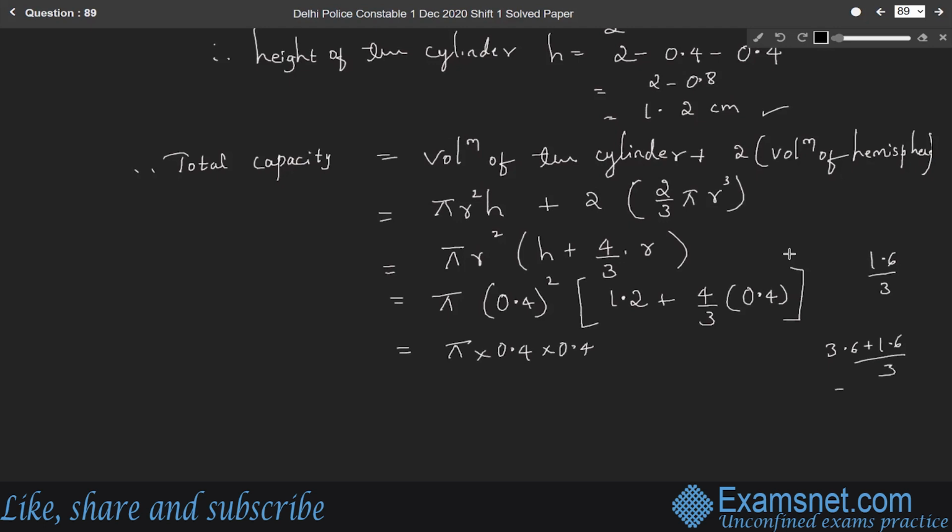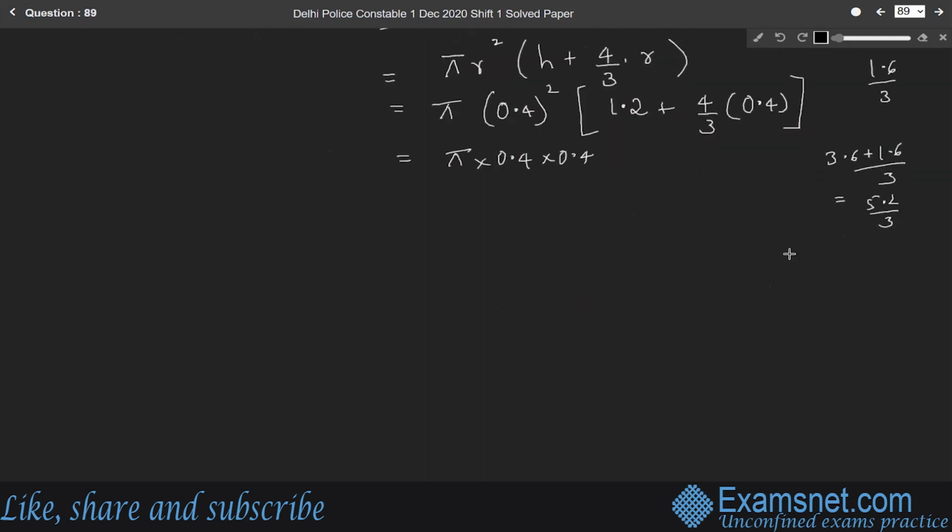So otherwise you can simplify like this. 1.2 plus 0.53, this will be 1.73 something. So we can write it as 1.74. So pi into 0.4 into 0.4 into 1.74.